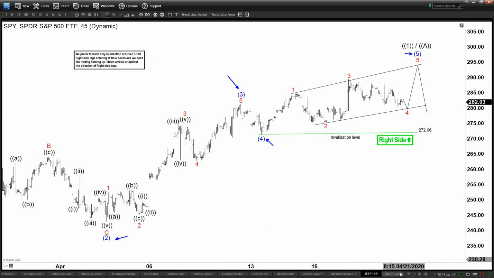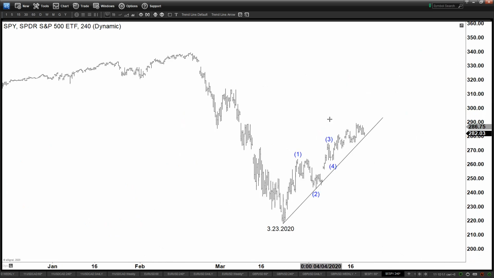On the other hand, since it is a 5 waves, unlike ABC or WXY, when it is a 5 waves, technically you do not try to forecast a target for the wave 5. If it is a 5 waves, technically speaking, the 5 waves can continue to extend as much as it can.